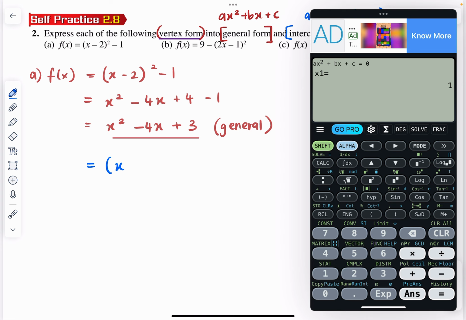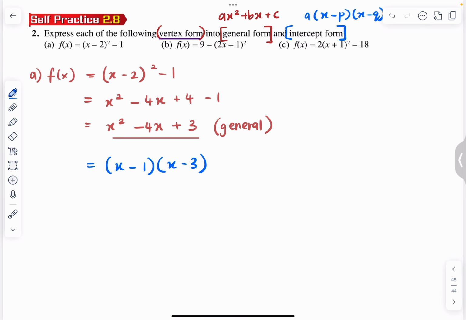So x is 1 and 3, therefore (x − 1)(x − 3). That's it. This is intercept form. Done. Okay, let's look at B.